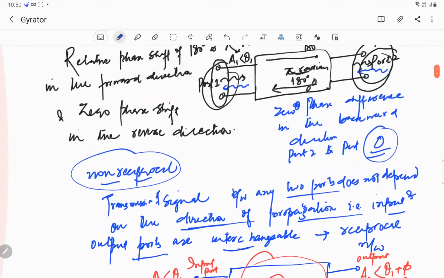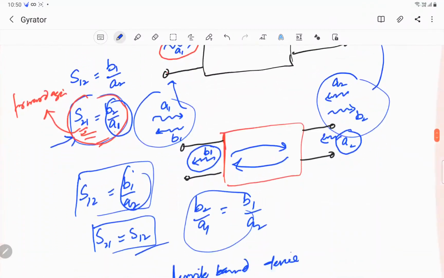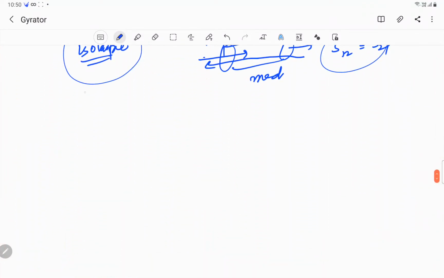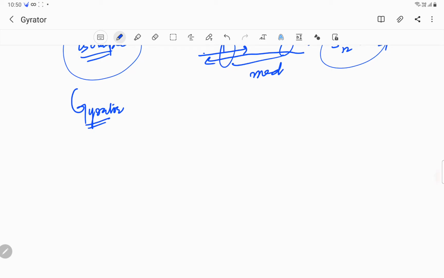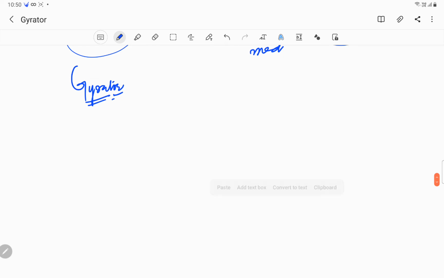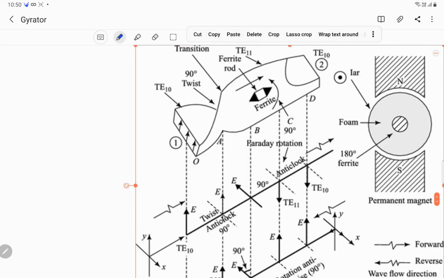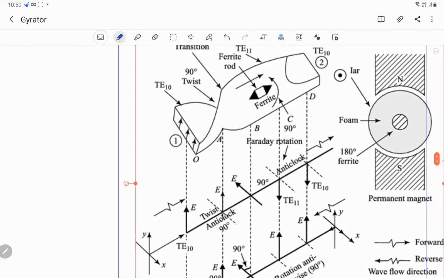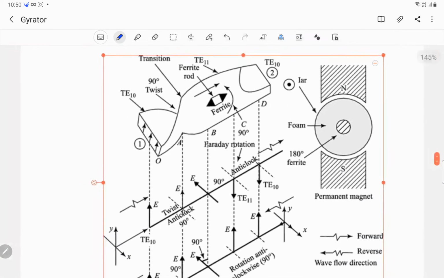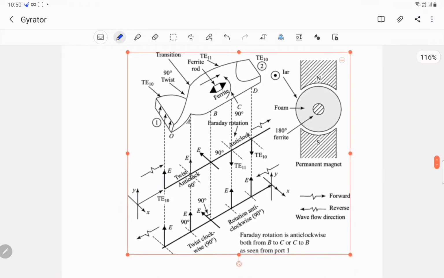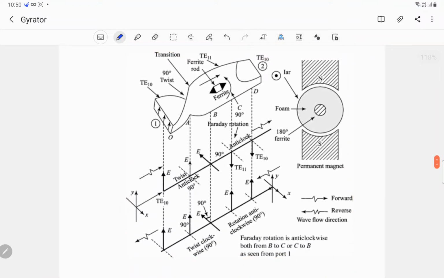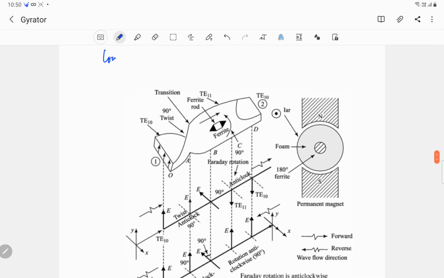Now let's discuss what a gyrator is. Let me paste a figure of a gyrator here. This is how it looks. This is the construction of a gyrator.